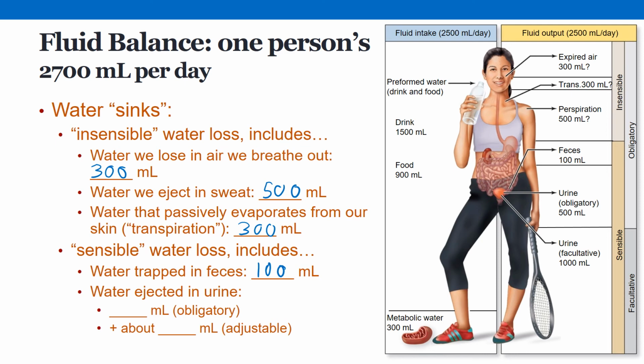Now, for a typical person, 500 milliliters per day of urine is obligatory. That is, you're obliged to produce that much urine. You don't have a choice. For most of us, though, we're able to produce more urine than that. Now, if you're extremely dehydrated, you're still going to produce your 500 milliliters of obligatory urine every day.